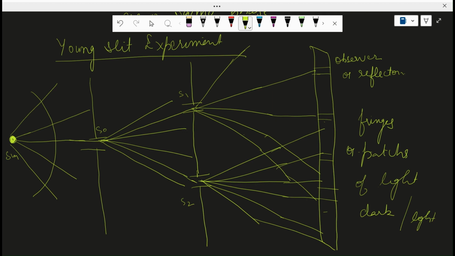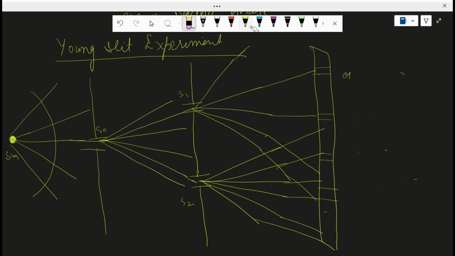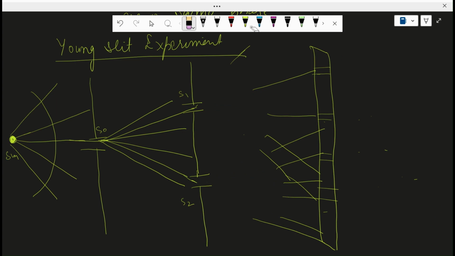So what did he see? These particular fringes were due to the interference, and there were two kinds of fringes, dark or light. I'll explain what is constructive and destructive interference, but let me just tell you the main discussion topic, that is path difference, right?